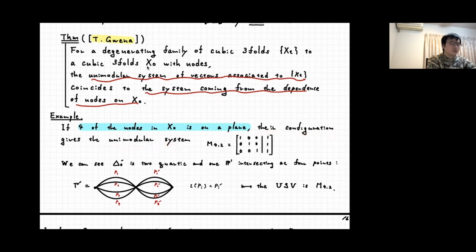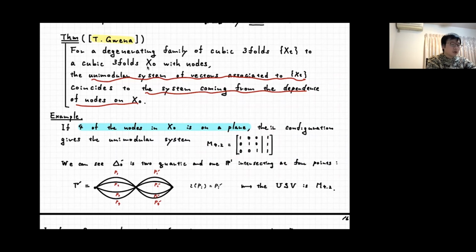In fact, 4 nodes on a plane means that we have 3 independent points, but the fourth one is dependent, so we obtain 1, 1, 1 here. So it can be expressed by the matrix M42. Starting from this M42, we obtain the unimodular system.